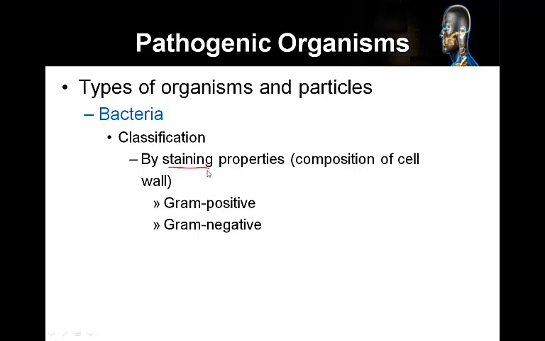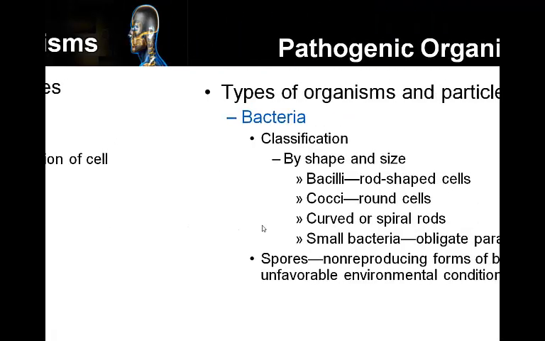And when we say staining, we're talking about the staining of the individual cells so that we can look at them underneath a microscope. So gram-positive versus gram-negative staining would help identify the type of cell under a microscope.